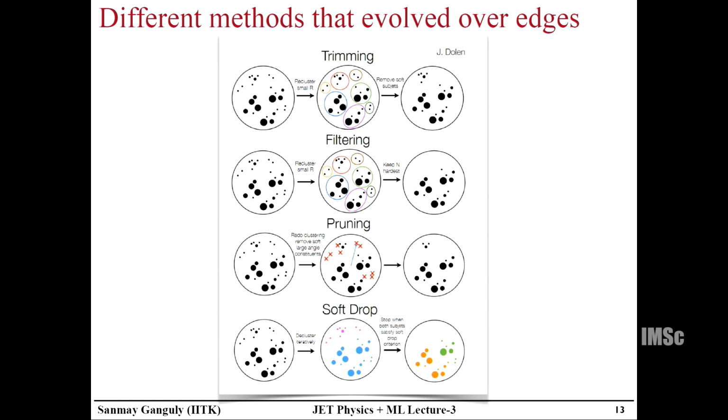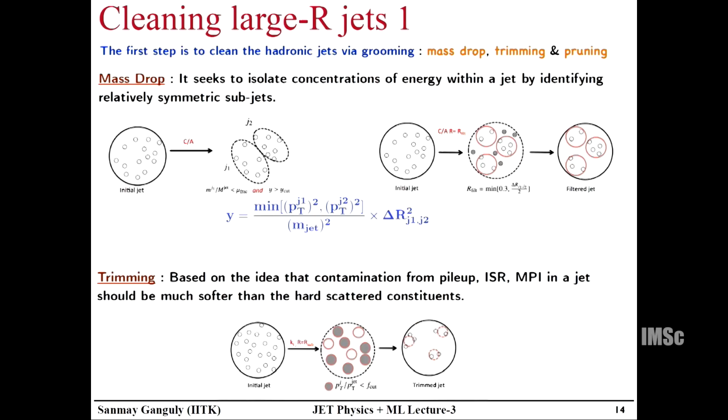You open the bag, find out piece by piece which are possibly junk, take them away and throw them away. So you recluster the constituents of a large radius jet, figure out which are the real hard elements and which are the soft elements, and throw away the soft elements. This is how trimming, filtering, pruning, soft drop, etc. work.